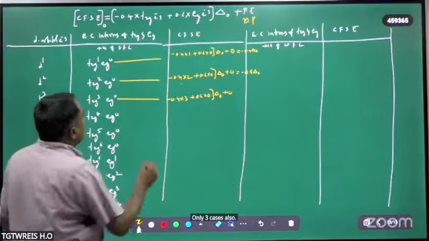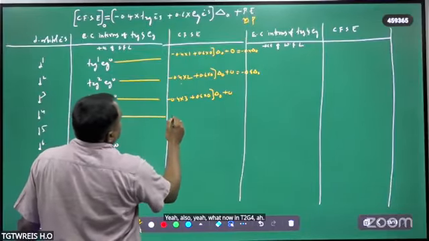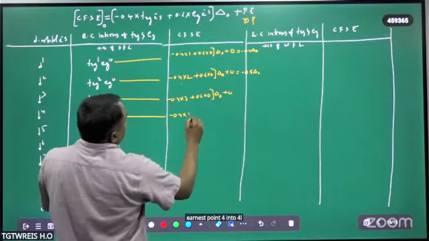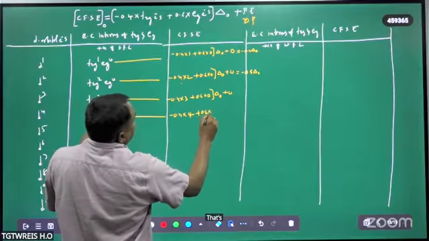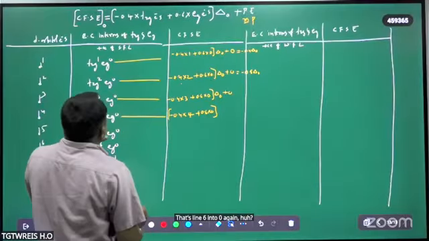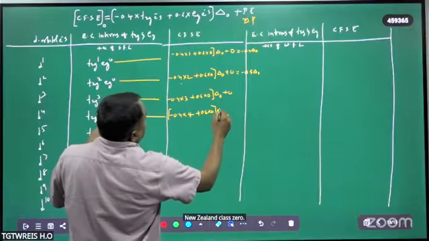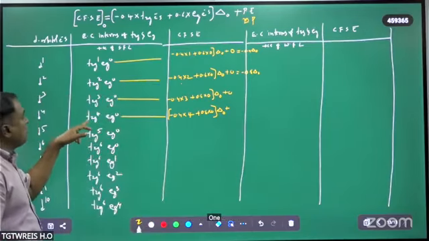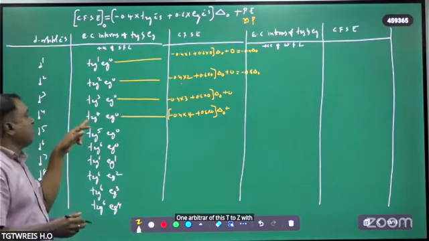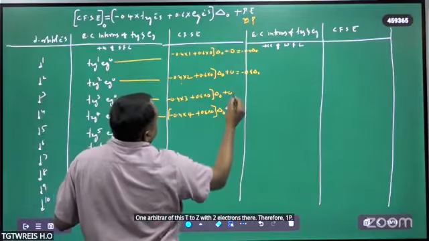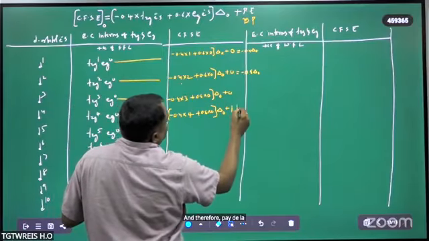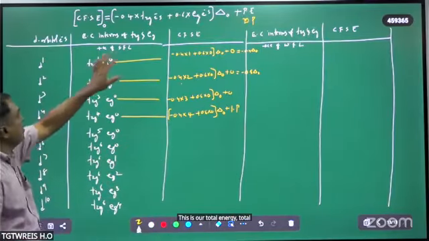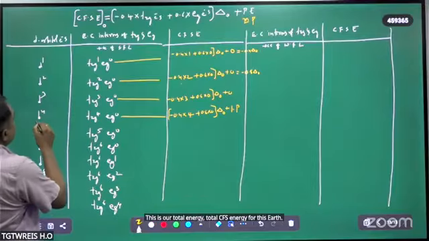In t2g4: minus 0.4 into 4 plus 0.6 into 0, into delta naught, plus one orbital of t2g with 2 electrons. Therefore 1P, number of paired electrons 1 into pairing energy. This is the total CFSE for this d4.